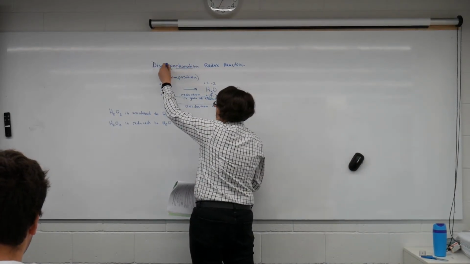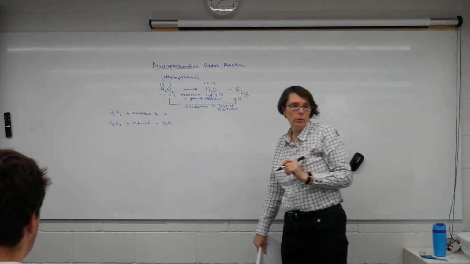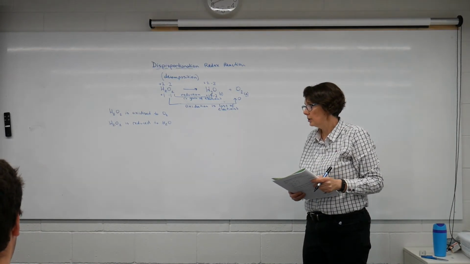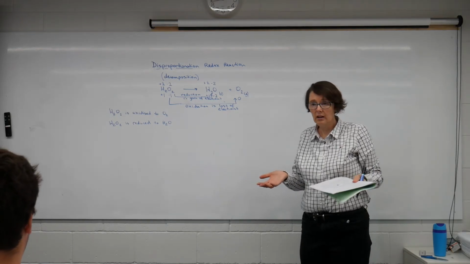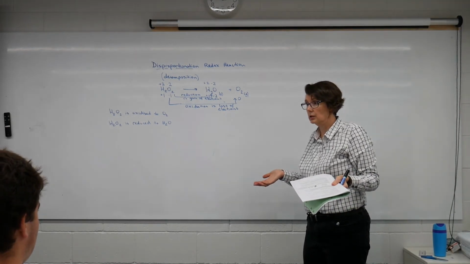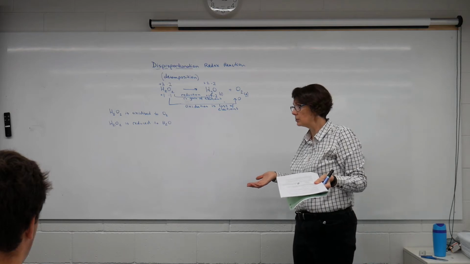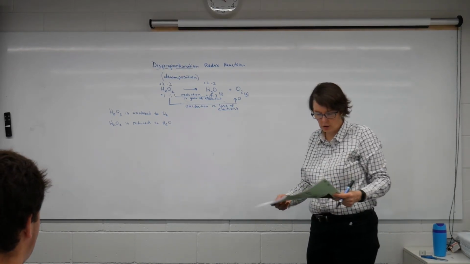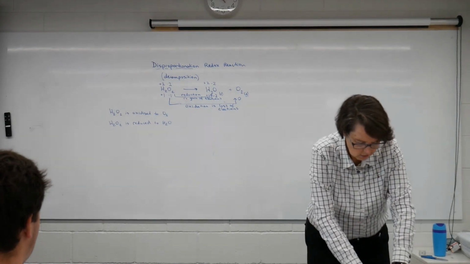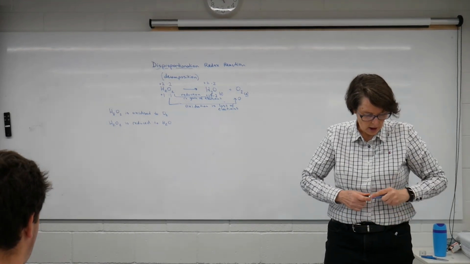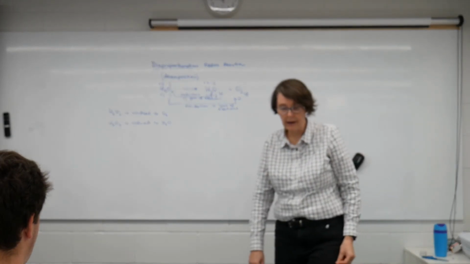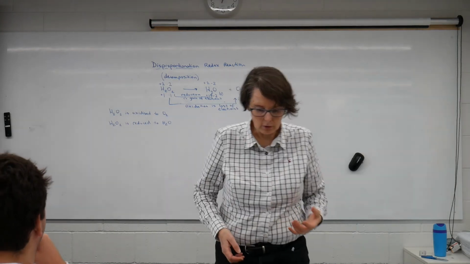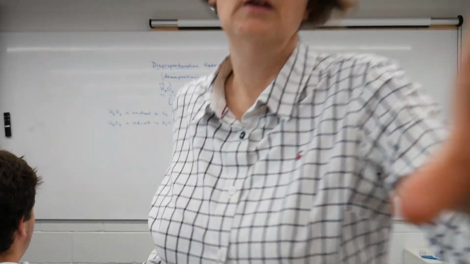So that's a word from Criterion 5 that you need to know and understand. Because maybe the question might say, is this a disproportionation reaction? And if you can't remember what that means, well then it's hard to answer, isn't it? So make sure that you squirrel that one away in your brains to come back later, especially much later at the end of the year when the content isn't so fresh.